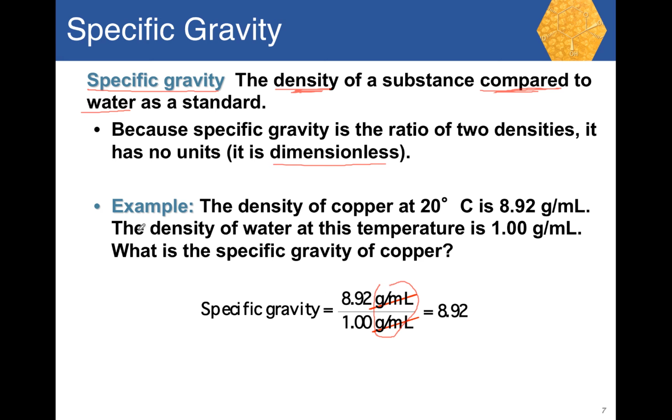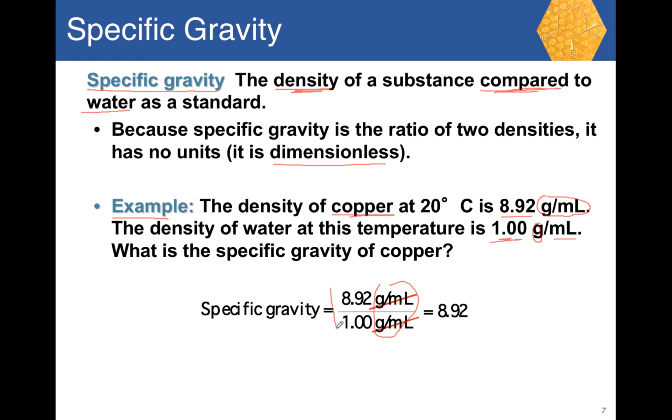So let's look at an example. The density of copper is 8.92, and since it's density, the unit is gram per milliliter. The density of water is 1, and the unit here is gram per milliliter.